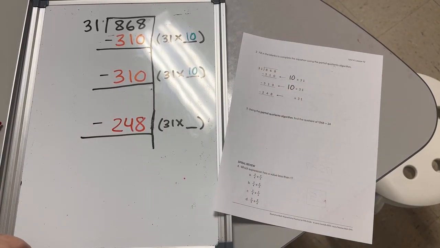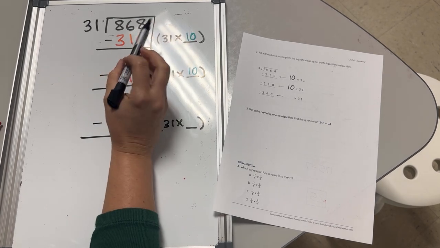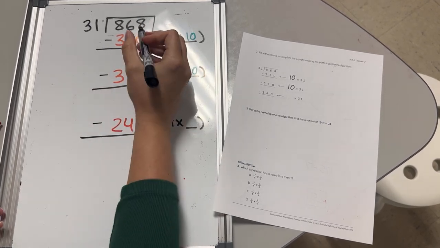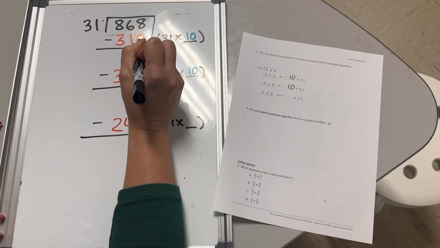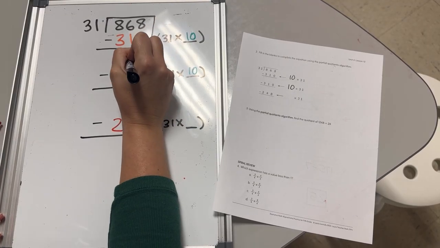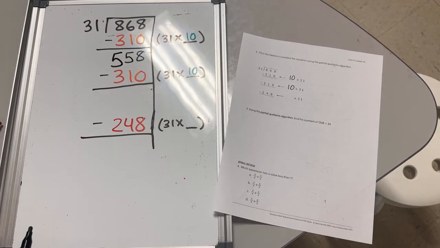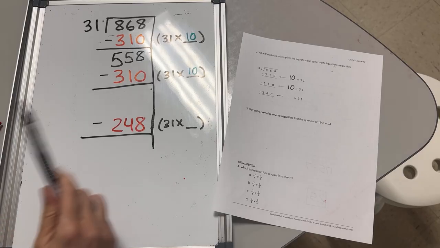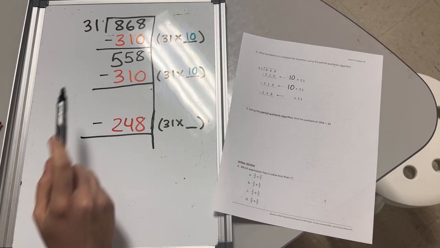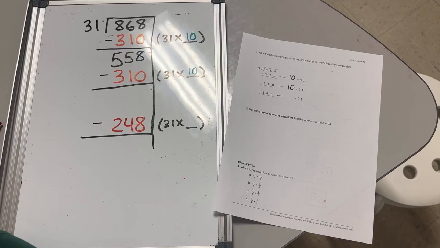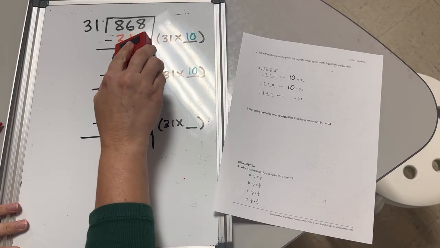Next, I'm going to go ahead and do the subtraction. So I know this one is 868 minus 310. So I'll go ahead and subtract, and it looks like that's what I end up with, 558. And again, I had that 310, so I don't need to really do anything else yet.